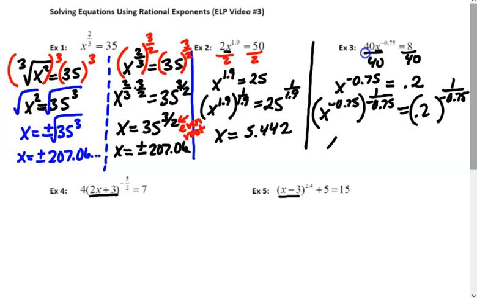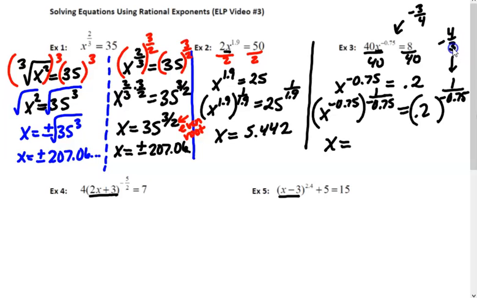And so now x is equal to, now let's think about this here. I could also write this as negative 3/4, so its reciprocal is negative 4/3. So notice the denominator is not an even root.